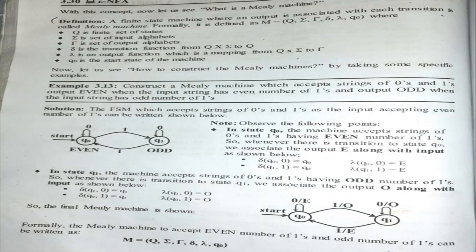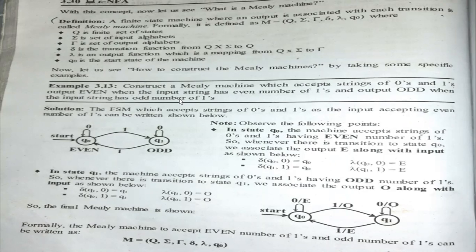So we'll go for the first question. Observe it: construct a Mealy machine which accepts strings of zeros and ones, and outputs even when the input string has an even number of ones, and outputs odd when the input string has an odd number of ones. Clear? So observe carefully what we need to design over here.